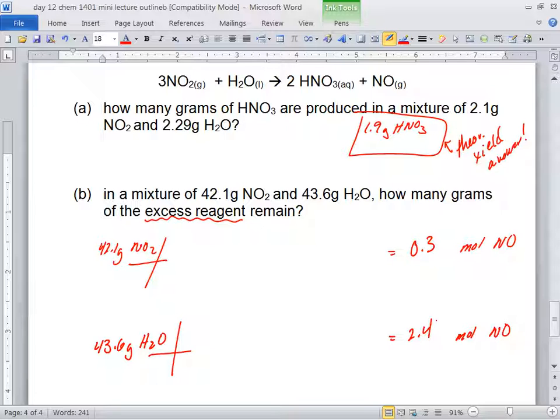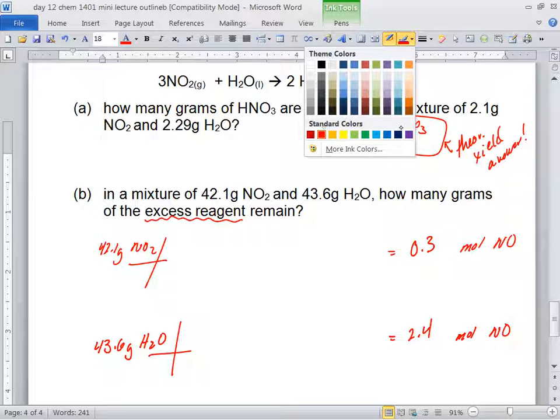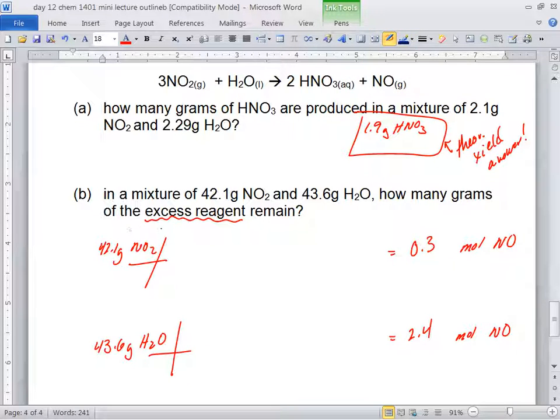Did anybody else get that? Great. So what is your limiting reagent? The NO2 is the limiting reagent.